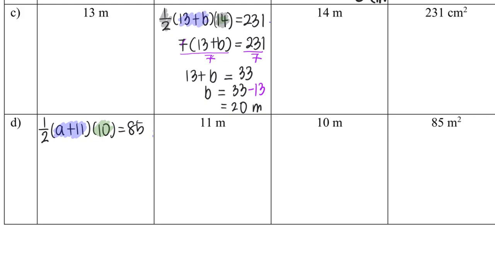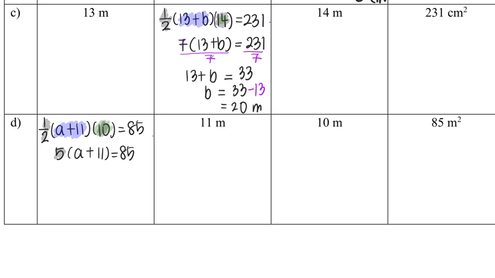Okay, and from here, I can see that I still have my 85 here. But I could half times 10 first to make my left hand side slightly simpler. That gives me 5.